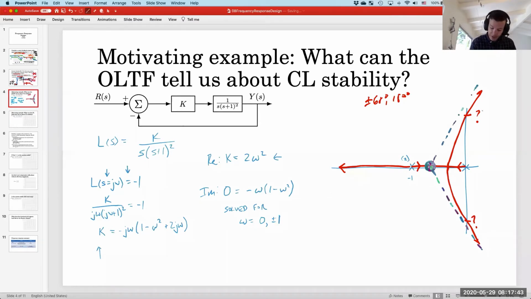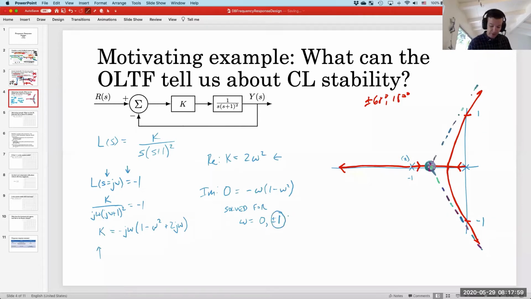So that means we can erase this question mark and this question mark. We've just solved that this occurs at +1 on the imaginary axis, and this occurs at -1 on the imaginary axis. And those are the two that I'm interested in.